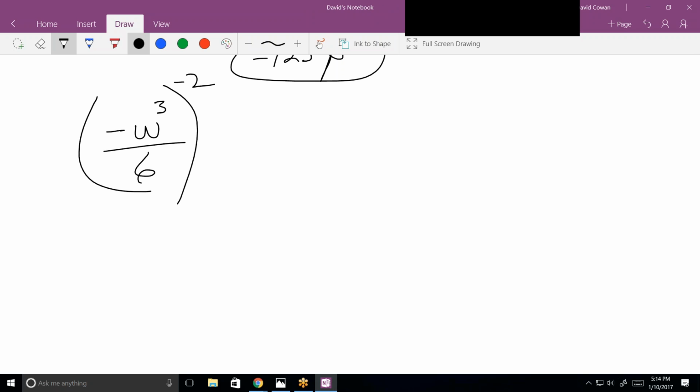Okay. Again, let's split everything up. And again, that negative 2 applies to the negative sign also. So when I split this thing up into a divisor and a dividend, I've got to write it like this.